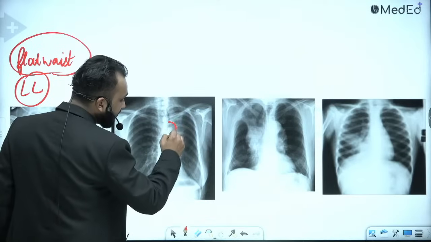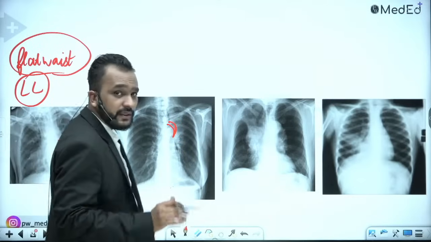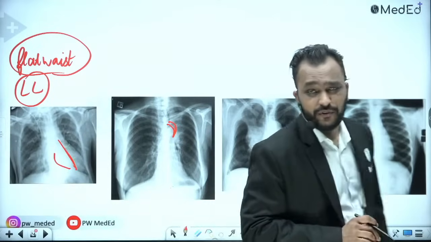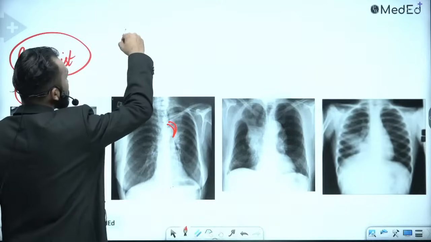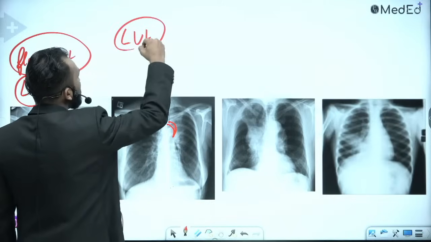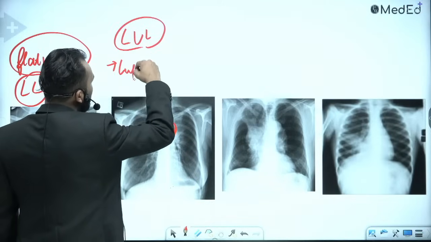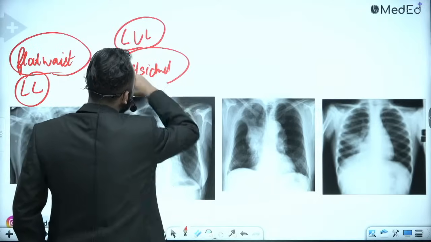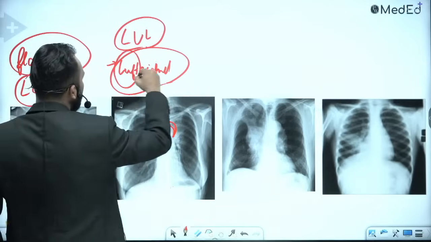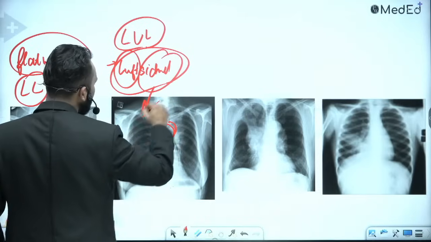This is seen in left upper lobe collapse, and it is known as Luft-Sichel sign. Luft means air and Sichel means sickle shaped.